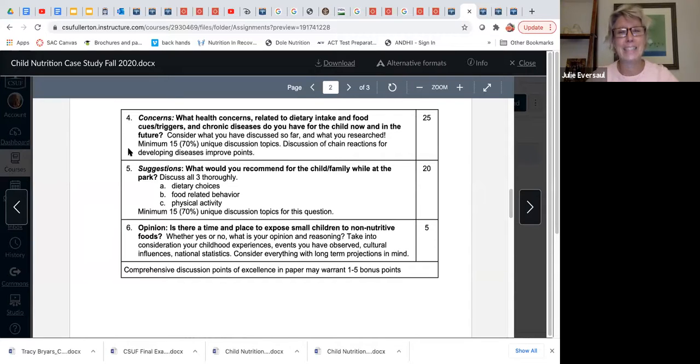This is why you're taking these apart, to understand exactly what these parents are eating and what they're feeding the child. When you talk about behaviors, definitely don't limit yourself. For food-related behavior, you could even go back and touch a little bit on eating disorders. There's really a lot there.